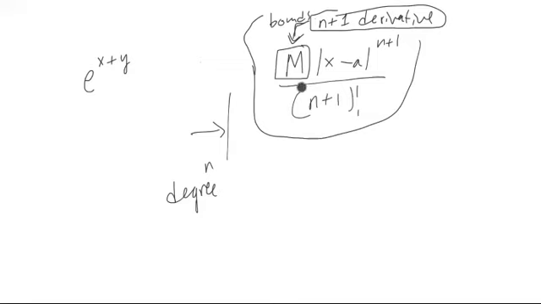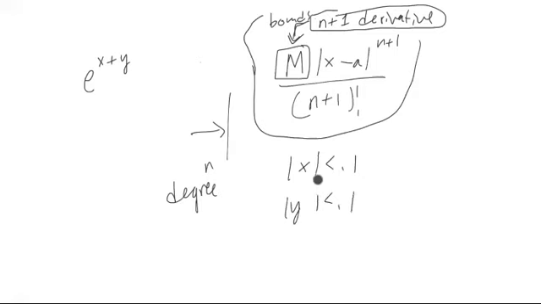So if you want to bound the derivative, this bound is also true just on an interval. Let's suppose that we want x in absolute value to be less than 0.1 and y in absolute value to be less than 0.1.